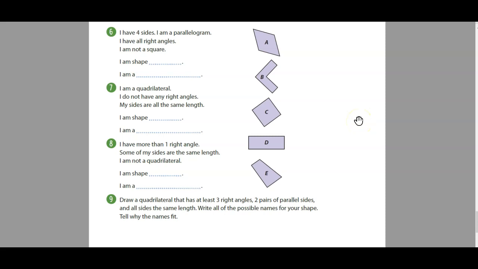It will be C or D. I have 4 sides, and I am a parallelogram. I have all right angles. So again, that would be either C or D. What am I? Oh, and it says I'm not a square. So the answer is D, and it's a rectangle.